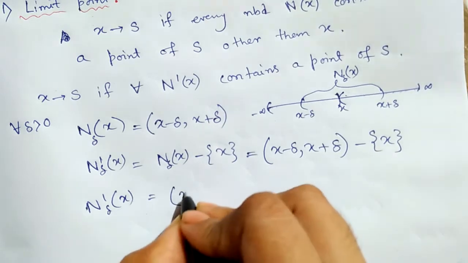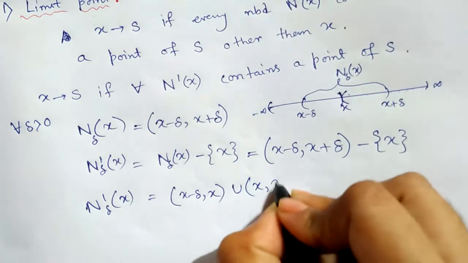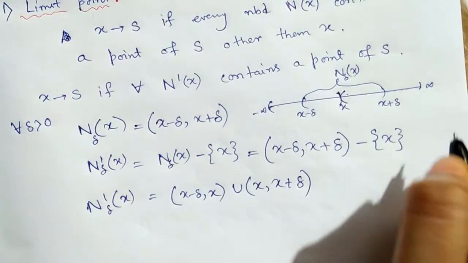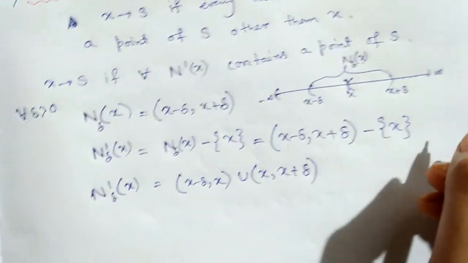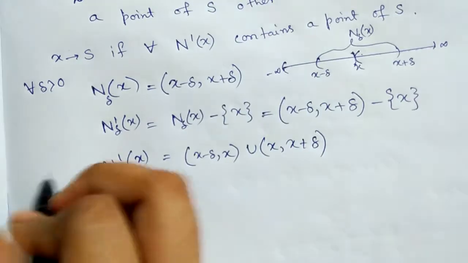This is (x minus delta, x) union (x, x plus delta). Now coming to the example of limit point.